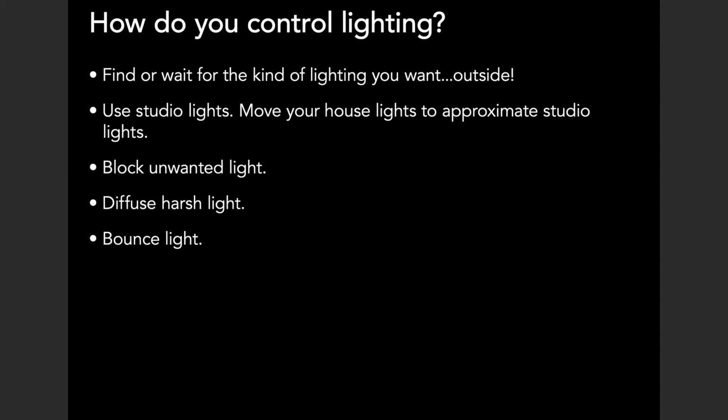You can also think about bouncing light. If you've ever seen a wedding or engagement photography session outside, often there's the photographer and then there's an assistant with a big round, it's called a reflector. And what they're doing is they're trying to bounce the light back into someone's face so that you don't get harsh shadows.